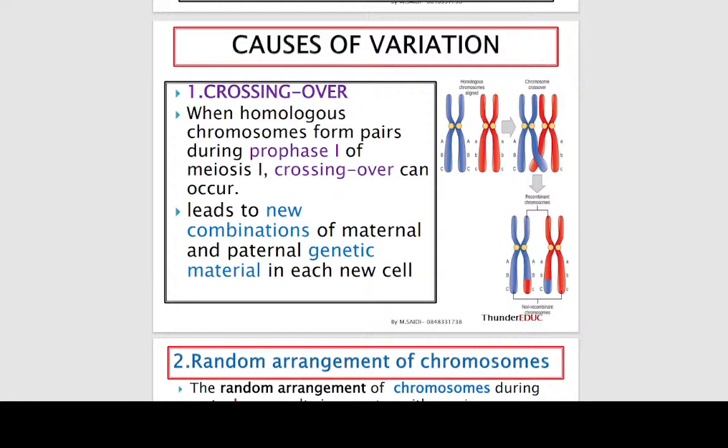But yes, your father can be your father, but you don't resemble him because of the genetic variation which happened during the crossing over. And then you ended up picking chromosomes from your mother, or chromosomes your mother maybe had from your grannies, or your father had from your grannies. So you end up not resembling your father, even in a single feature.